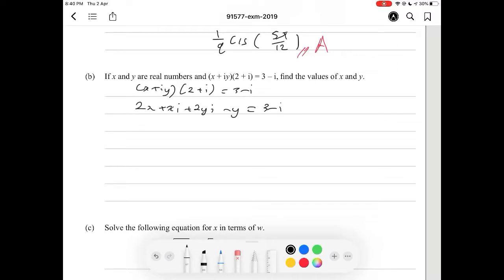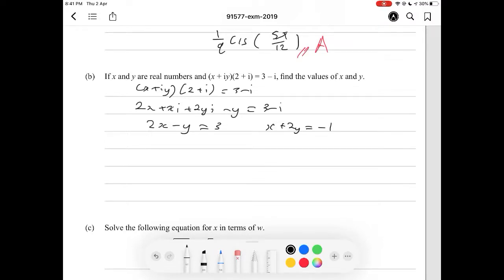So now we're going to equate the real parts to the real part and the imaginary parts to the imaginary parts. So 2x minus y equals 3, and x plus 2y equals negative 1. Negative i just means negative 1i, so it equals negative 1.